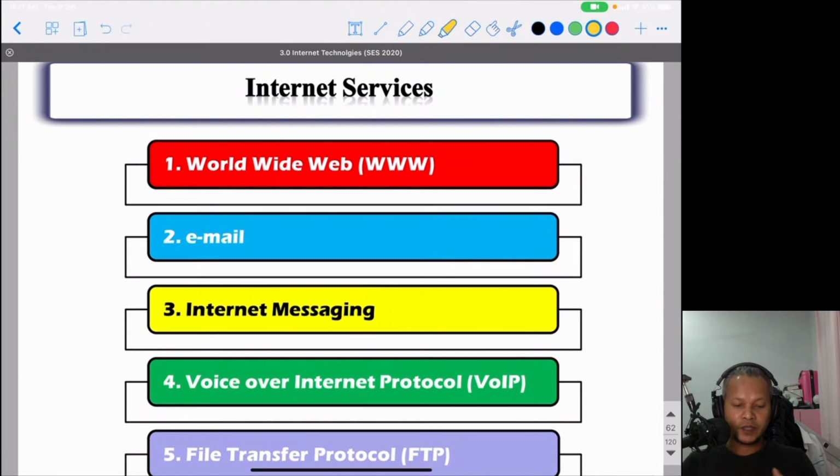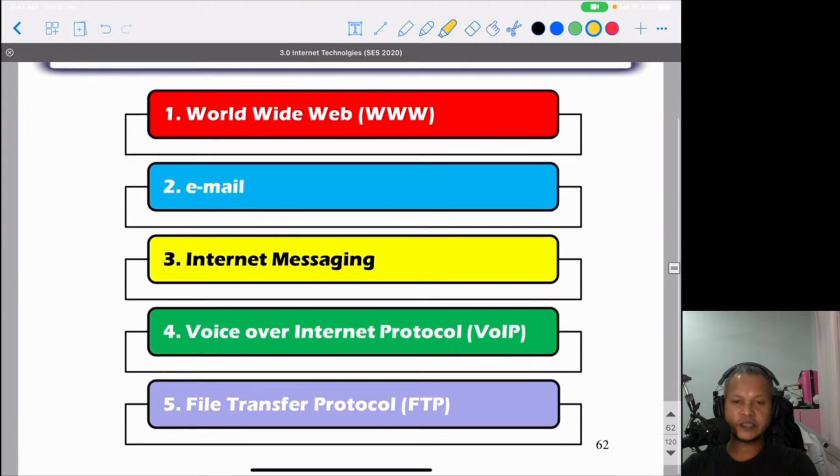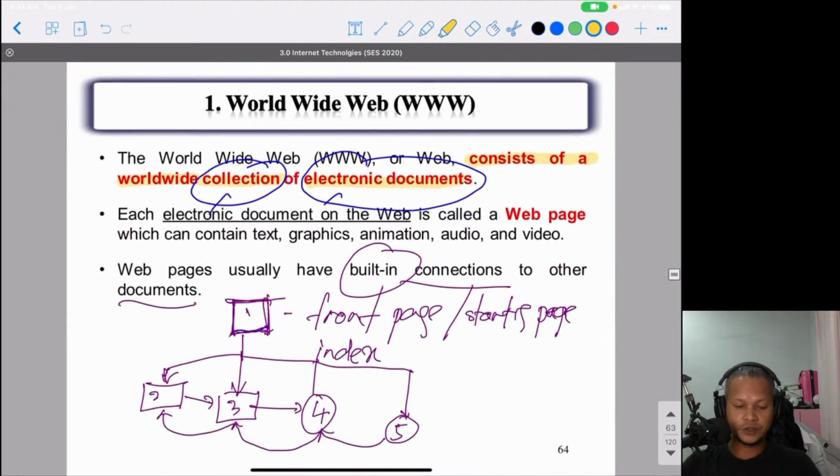Maybe you can chat and send a file, or on the chat you can make a voice call over the internet protocol. But the file transfer protocol is unique. You cannot embed it with the other internet services. So you need to scroll down to find it and make some revision.